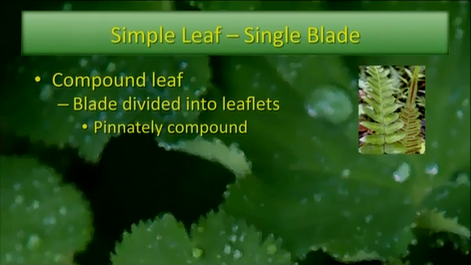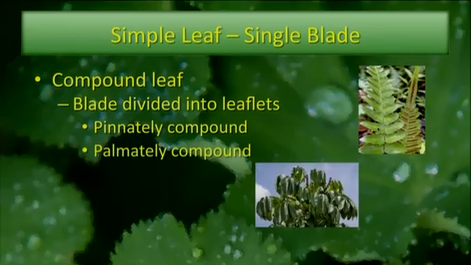Pinna means feather, so it's sort of feather shaped. Palmately compound leaves have the leaflets attached to one point on the petiole. So these are some leaves of an octopus tree here. Here are the leaflets.